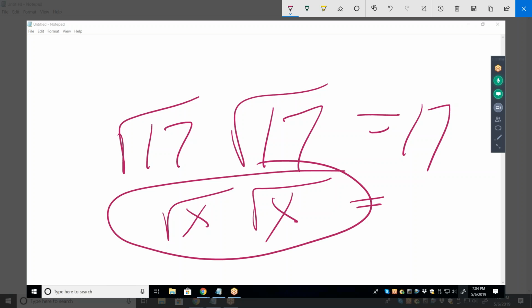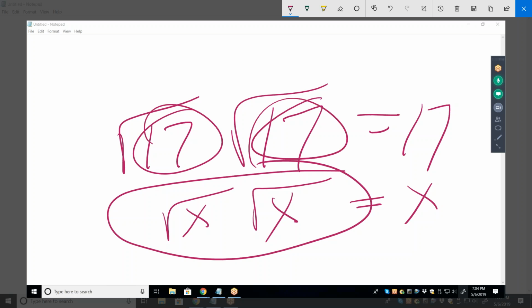It can be any number you want. The answer is x. I don't have to multiply 17 times 17 and then take the square root of it. That's a big, huge number. I'd have to get a calculator out to do that. But I don't need to. As long as what's inside the radical is the same, then it's just that.